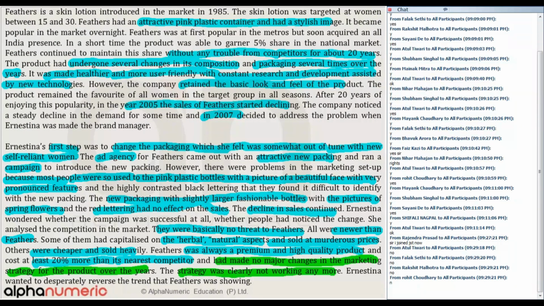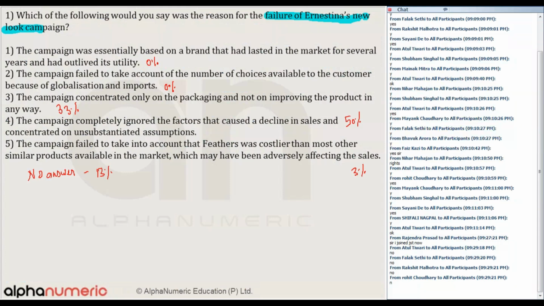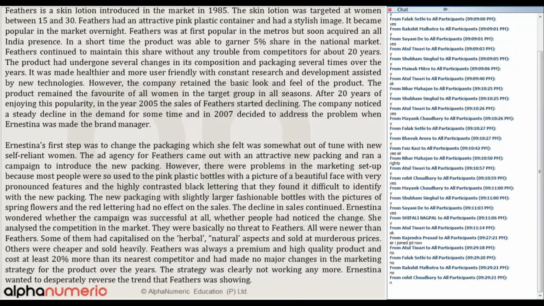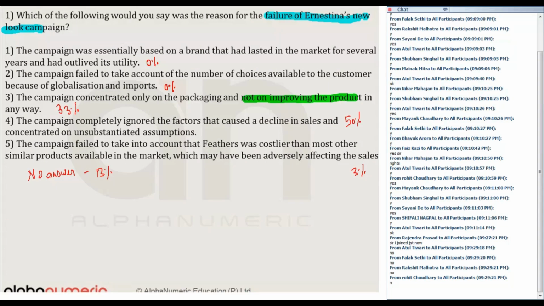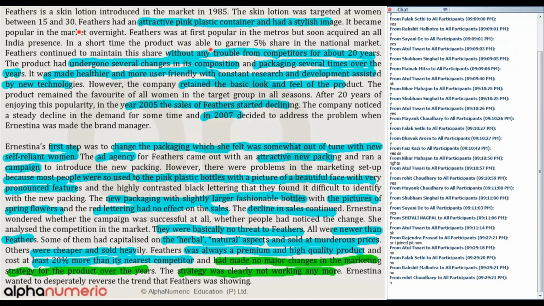The campaign concentrated on packaging and not on improving the product in any way. The question is talking about what is the failure of the new campaign. Now, not improving the product. You are saying that it did not improve the product. But if you read here, it has been written that the product had undergone several changes in its composition.